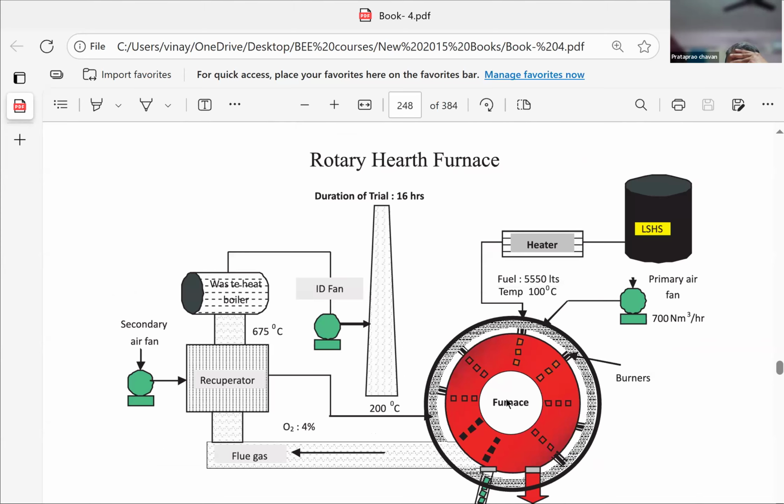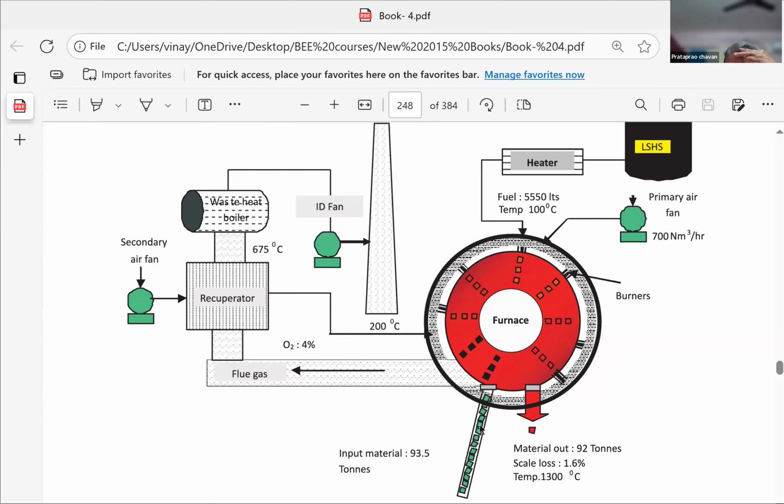Why it is called rotary? Because all the raw material, impure metal, these blocks, they are put in a radial form. The combustion taking place here and there, and this whole platform is rotating. So the impure steel put here, when the rotation completes, by the time it comes here, it is taken out and the fresh material is put here, right?